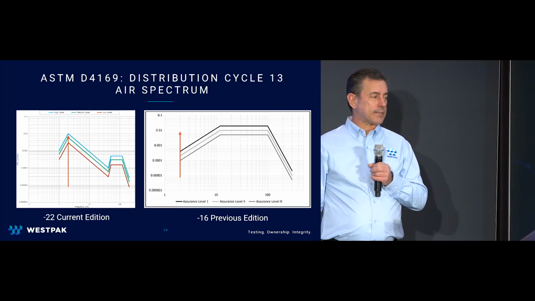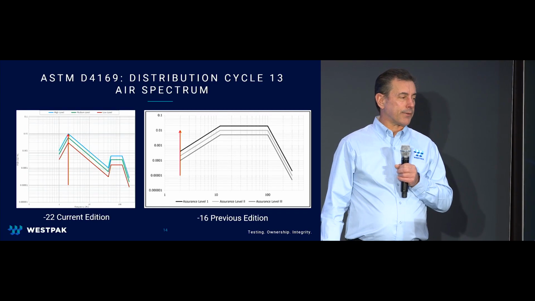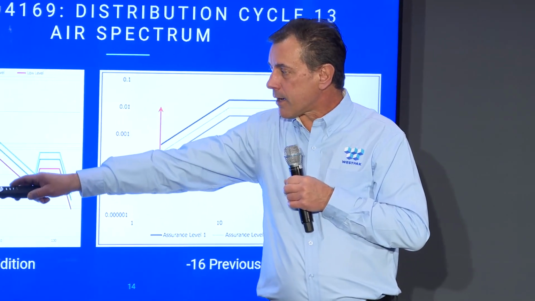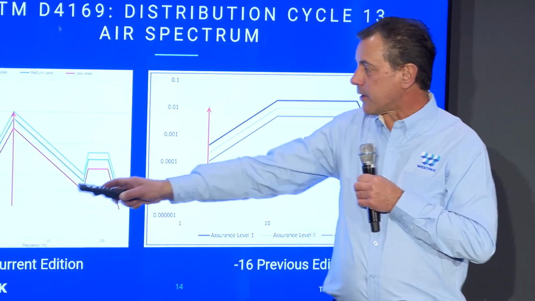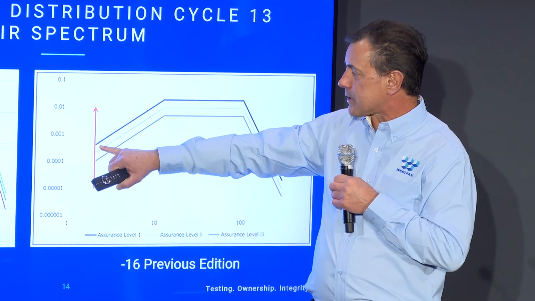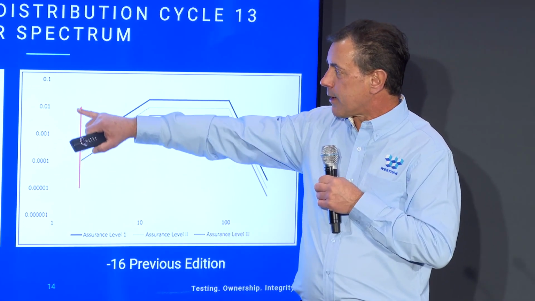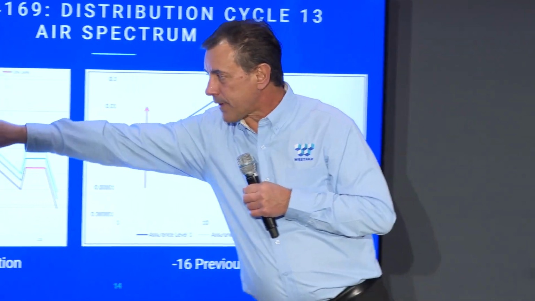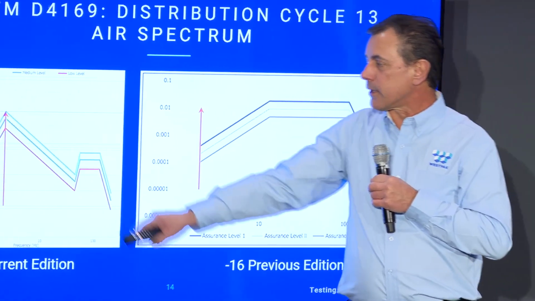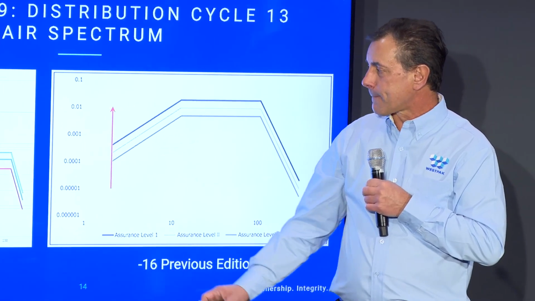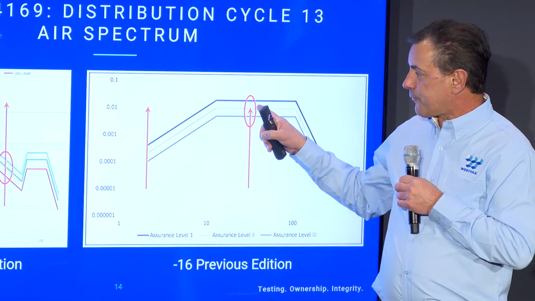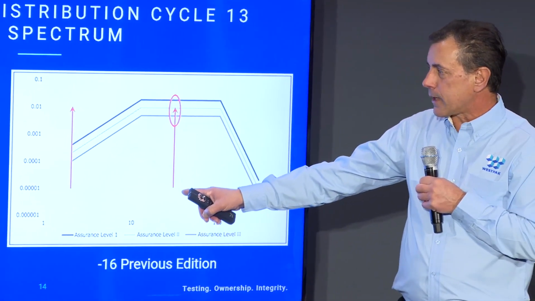Well, let's talk about that a little bit. Right here, this is a low frequency content. And this is where we have the biggest change. So this represents the highest amount, and it's 2 orders of magnitude lower over here. So they really found out that the low frequency content increased, and the high frequency content was greatly reduced.